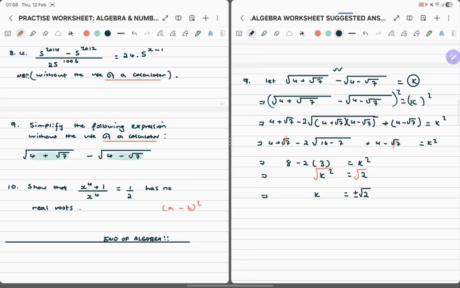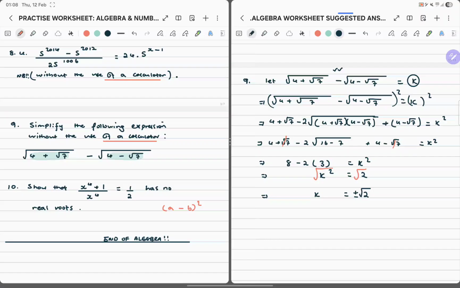But now, is it possible that this is the case? Now, remember, we're told not to use a calculator. Now, we can just put it on the calculator and see if both solutions are correct. So we just say square root 4 plus root 7 minus the square root 4 minus the square root of 7.